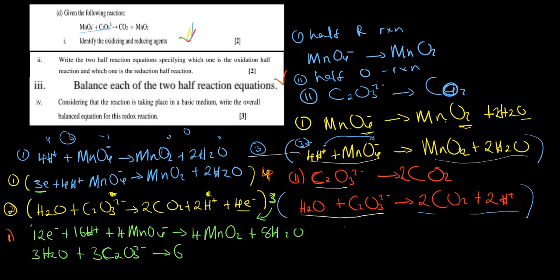That will be now 6, like that. Then you multiply it, that will be now 6 hydrogen ion. All right, then plus 12 electrons. So we just wanted to balance these 12 electrons.